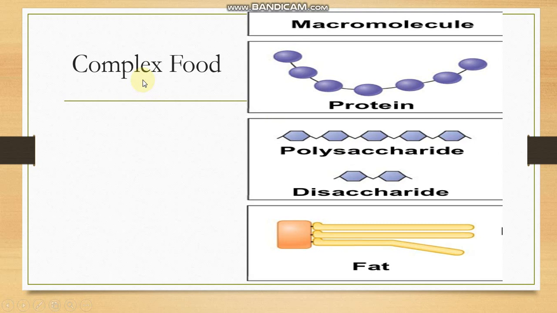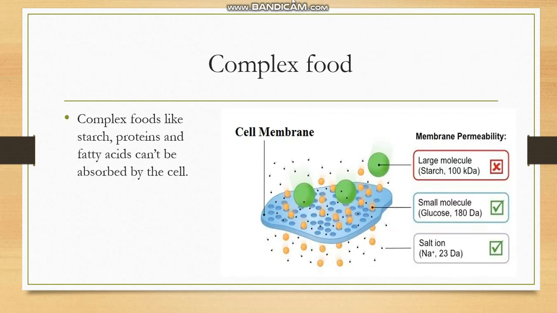Okay? هلا, if you can see here, if this is the cell, okay, the cell needs those foods, يعني هن the proteins with starch and fats. This is the cellular membrane, okay? And here we have, this is starch, which is complex food.